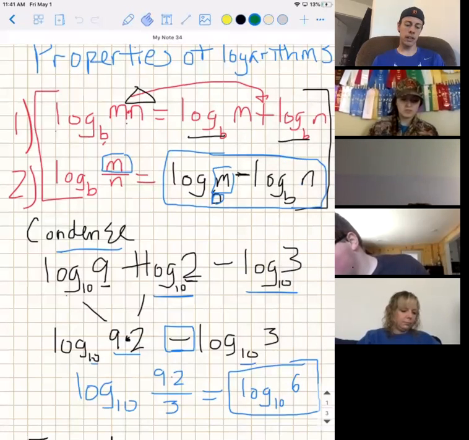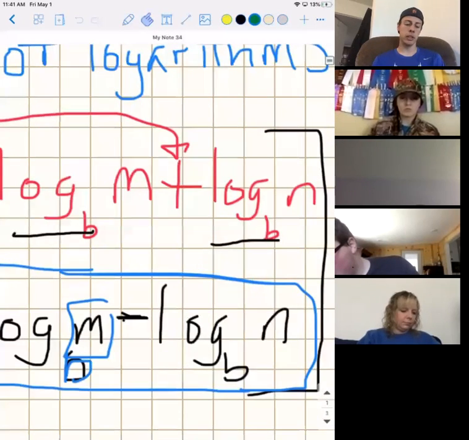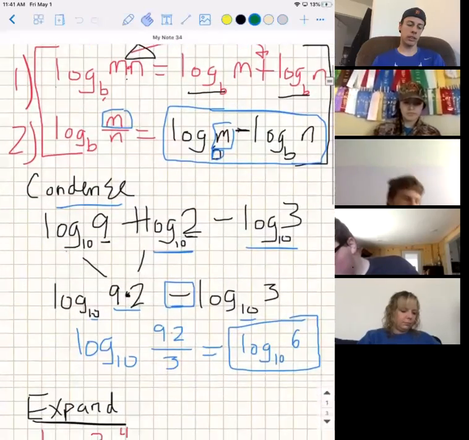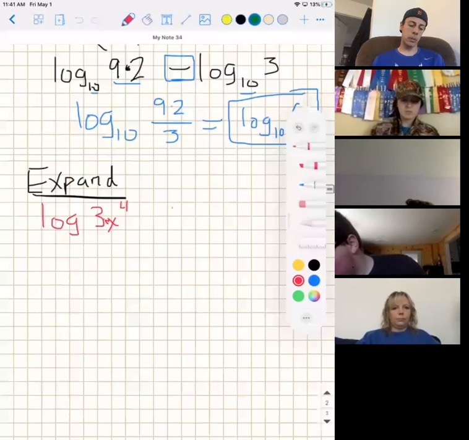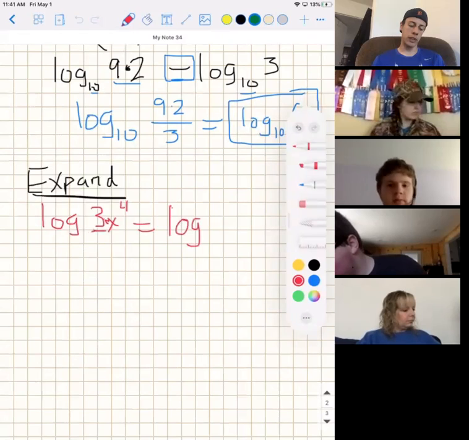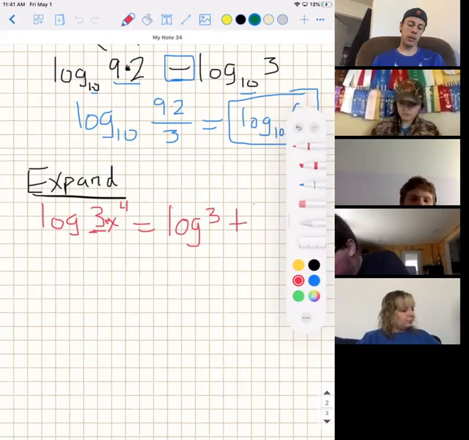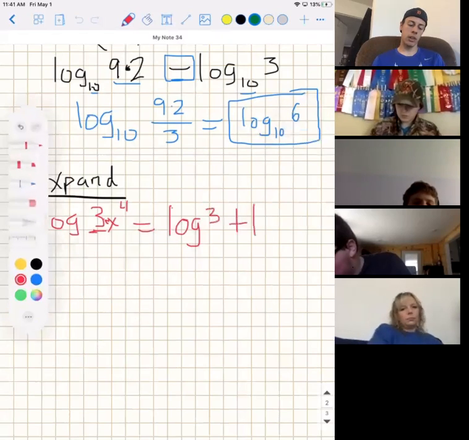And so the first one says, hey, if you have 2 things multiplied, m times n, you can split it up and have it as a sum or addition of logs, okay? So let's go ahead and do that. This equals the log of our first factor, log of 3, plus the log of x to the 4th, okay?